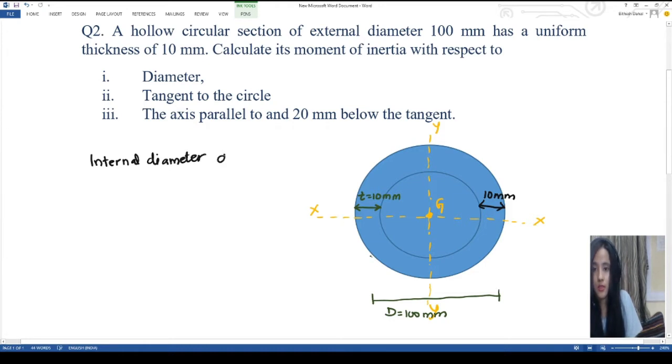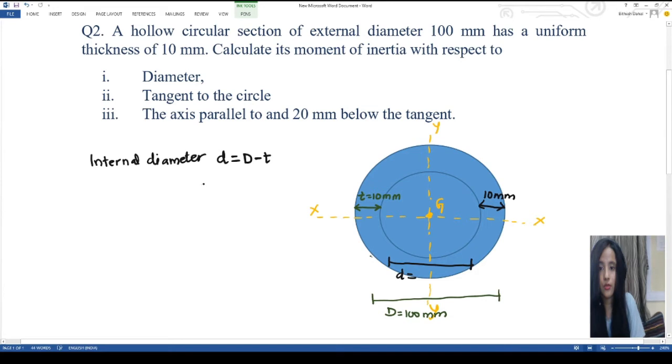The diameter D will be equal to... what I'm trying to do is find the diameter of this inner circle, from here to here, let it be small d. So this small d will be equal to the diameter of the outer circle minus the thickness.